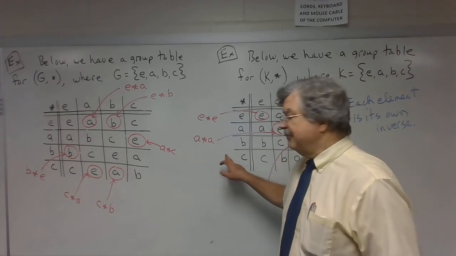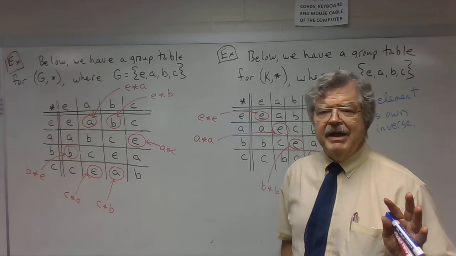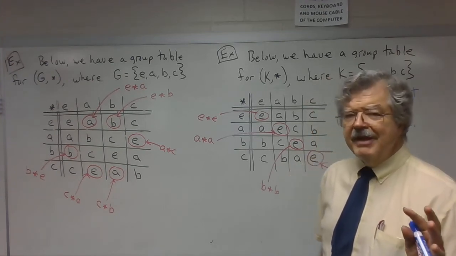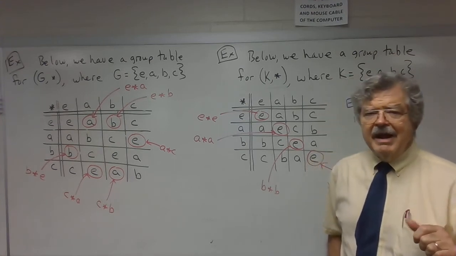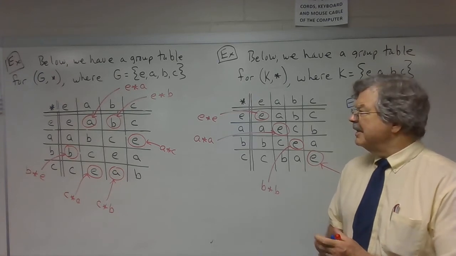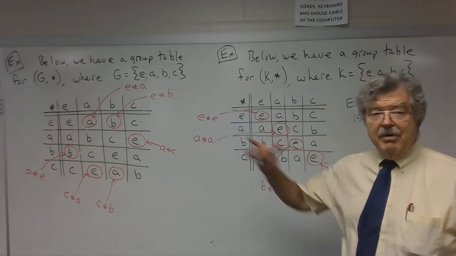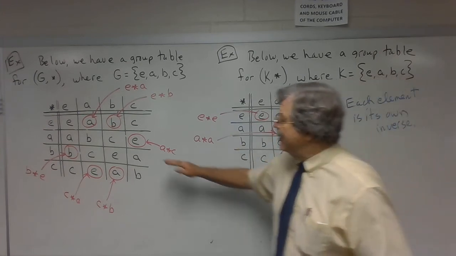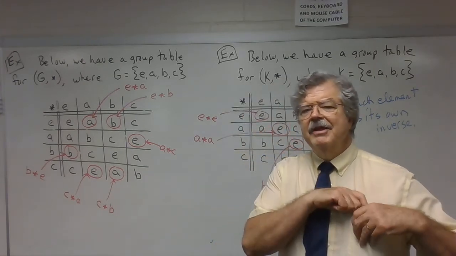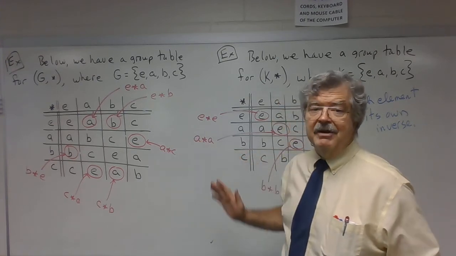These two groups are structurally different, but they do have an algebraic property in common. And I think what I'll do is I'll redraw both group tables without all of this scratch work on it, just so that we can look for the algebraic property that both of these groups have in common.